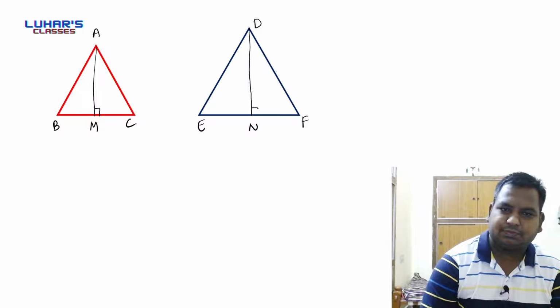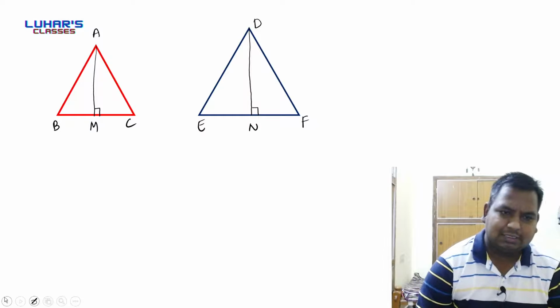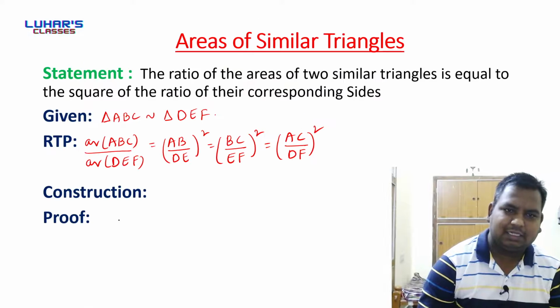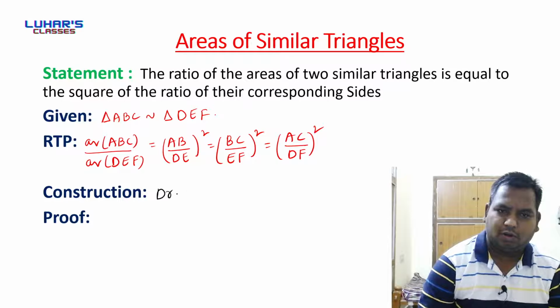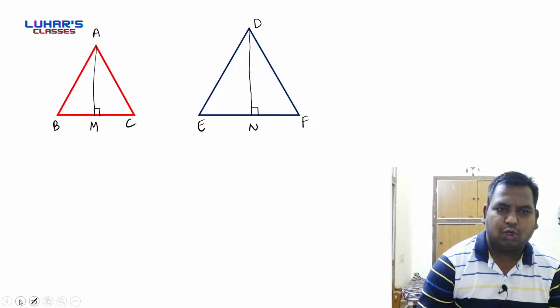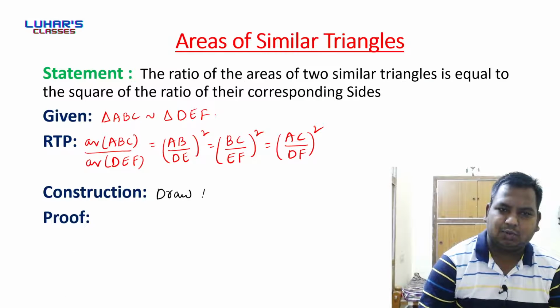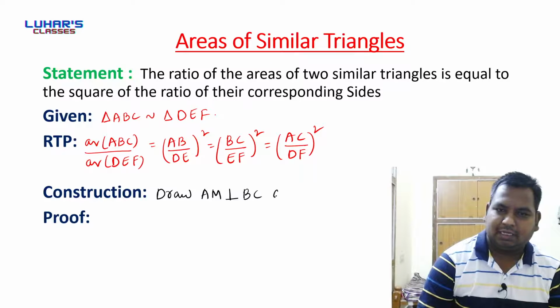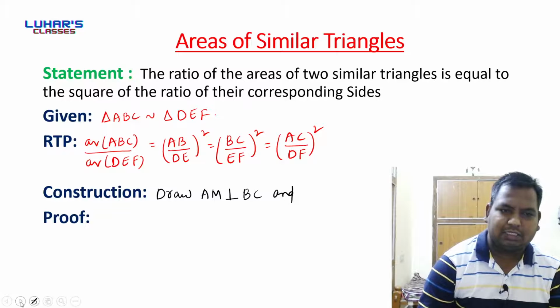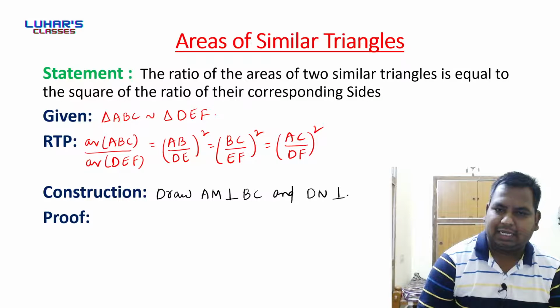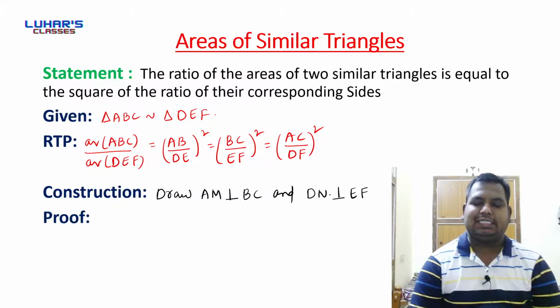So we have drawn two perpendiculars. Whatever we have drawn, we write here: draw AM perpendicular to BC, and draw DN perpendicular to EF. So we have done the construction.